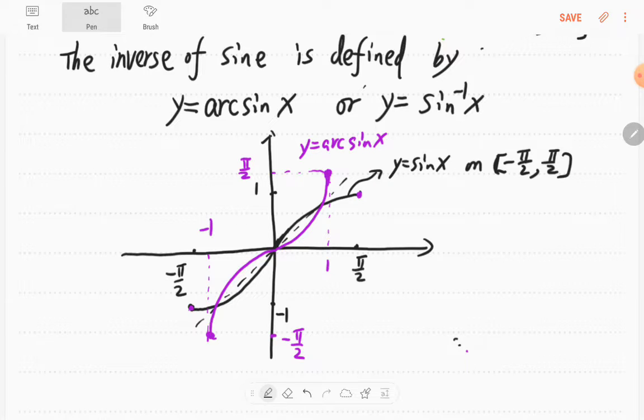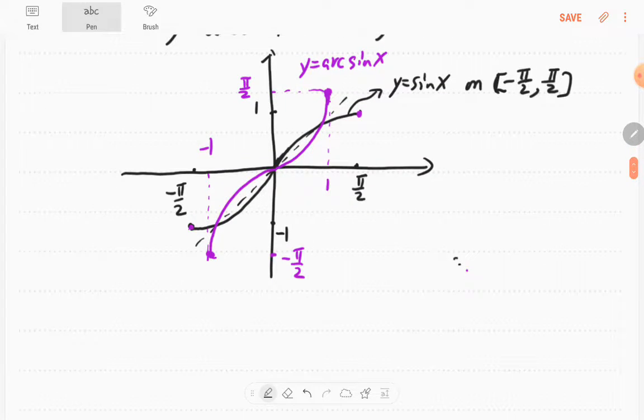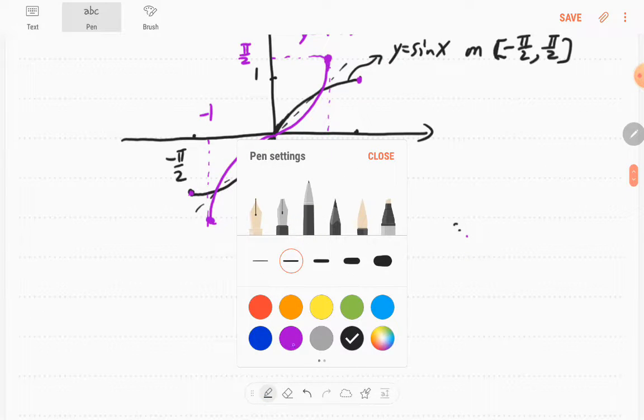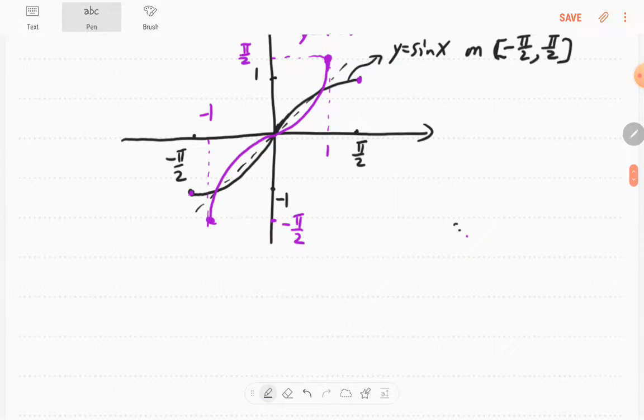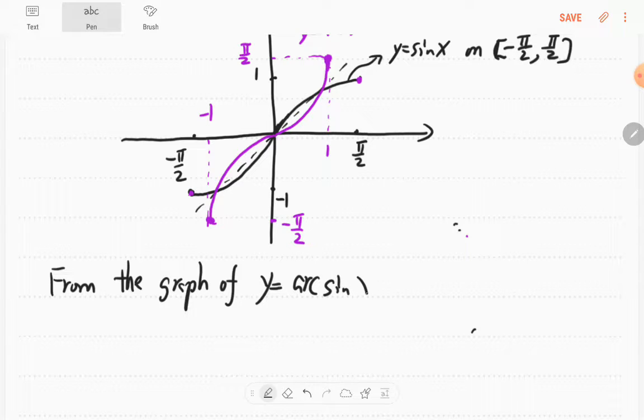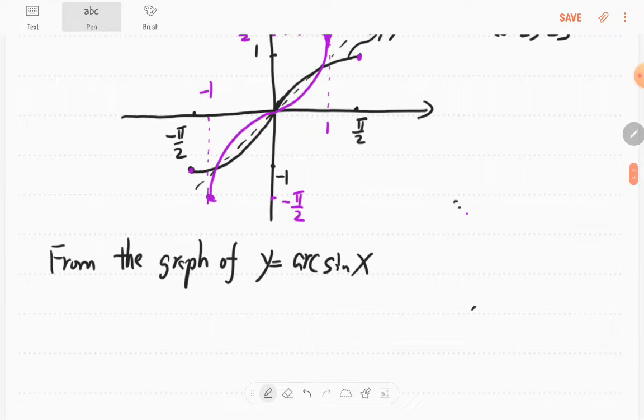So from the graph of the inverse function, y equals arc sine x, the first thing is the domain, which is from negative 1 to 1, right?